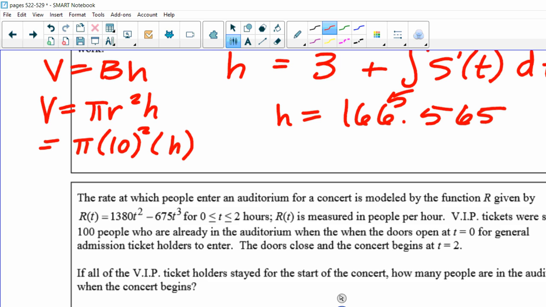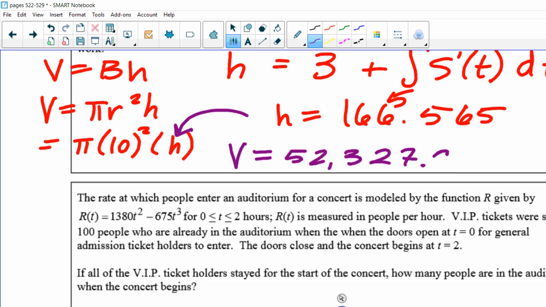What do we do with it? We're going to put that right here. But remember we're in cubic what? Millimeters. So the volume is going to be, Spark says, 52,327. But it's in cubic millimeters.